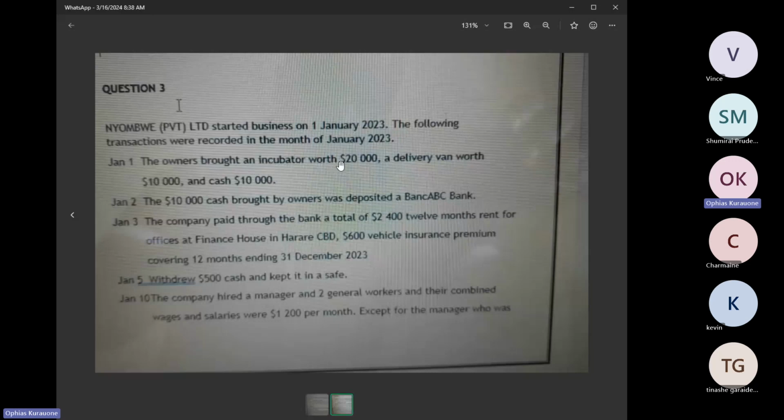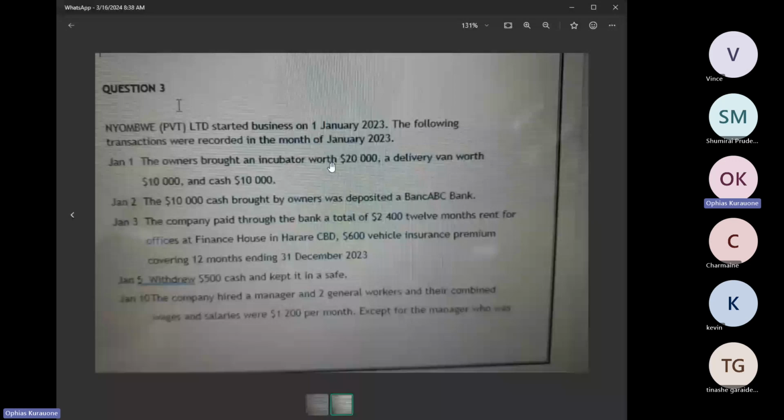Once the owner brings an asset into the business, it becomes the capital of the business and the asset of the business. So here, incubator 20,000. You open a capital account, then an incubator account, then a delivery van account and a cash account.